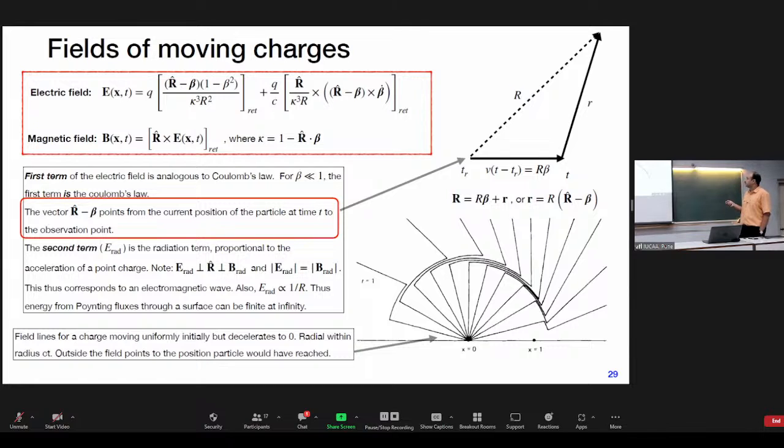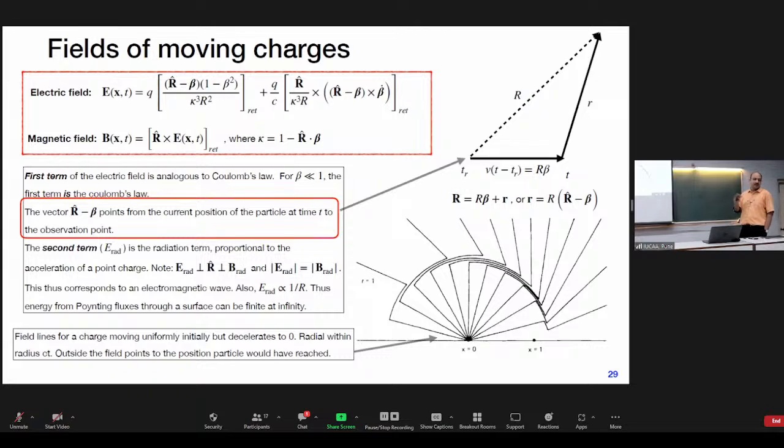So, what I would like you to focus on is how these two terms look and the spatial variations of these two terms. For example, this term has r cap cross (r cap minus beta), cross beta dot. Beta is velocity by c. Beta dot is the time rate of change of the velocity, the acceleration term.